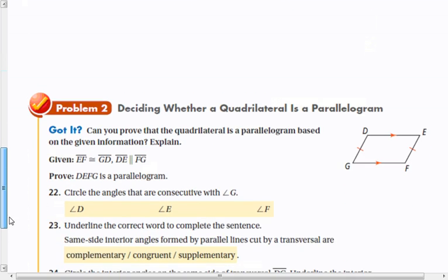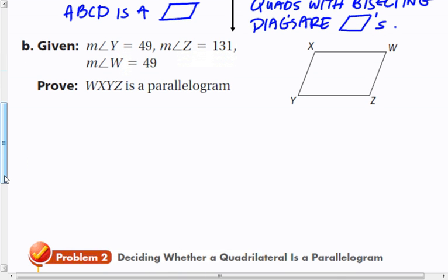All right. I'll show you this proof also. So if we know that the measure of angle Y is equal to 49, the measure of angle Z is 131, and the measure of angle W is 49, is this a parallelogram? The way we're going to show this is just show that Y plus Z, these two, add up to 180, because 49 plus 131 is 180, and Z plus W also add up to 180.